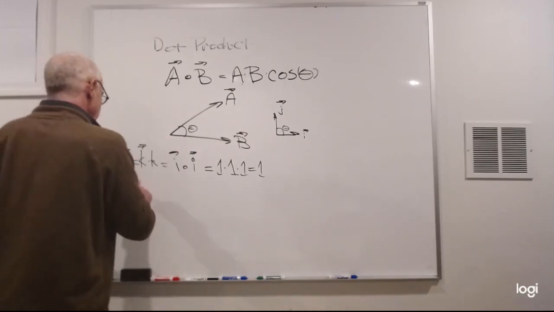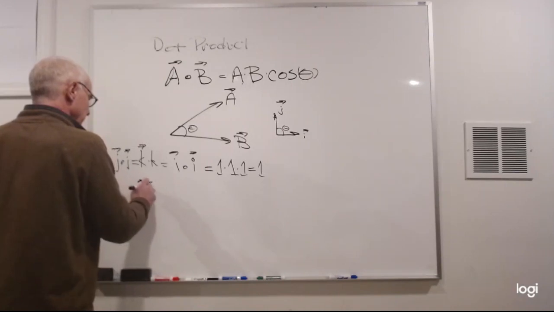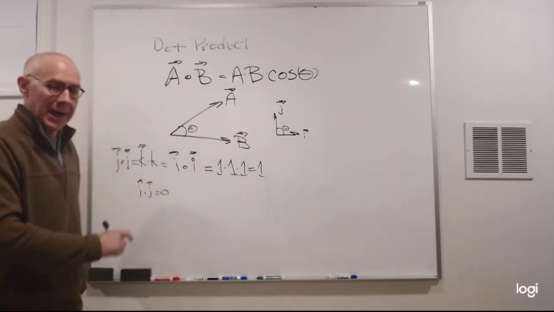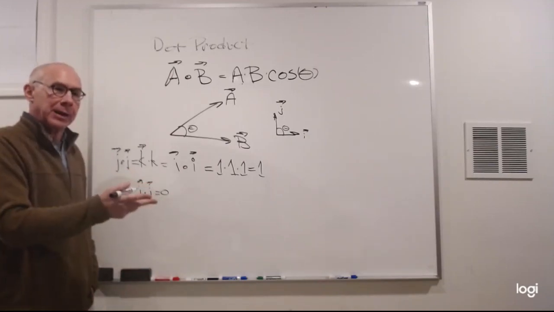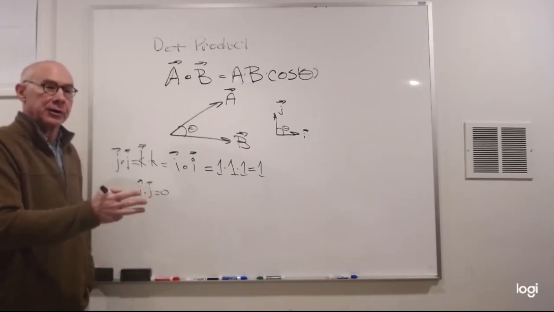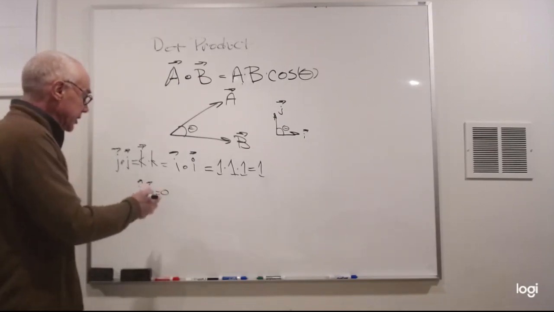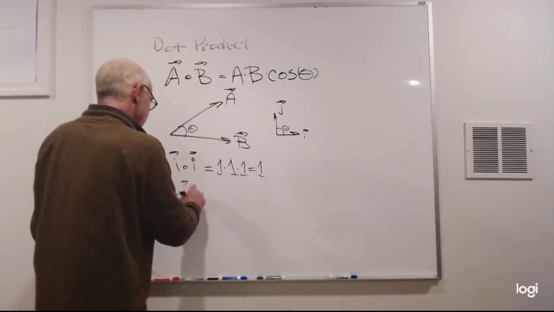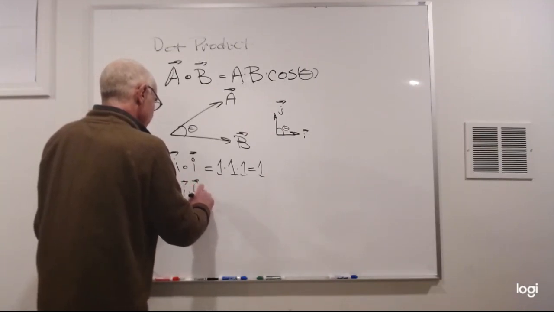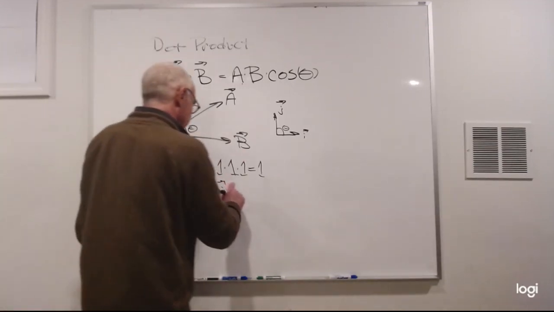So i dot j equals 0. Likewise, any two of the unit vectors i, j, k, multiplied by any other unit vector would also equal 0. So i dot j equals 0. i dot k equals 0. k dot i, what? 0. k dot j, 0.